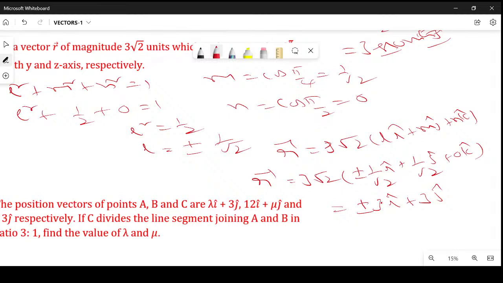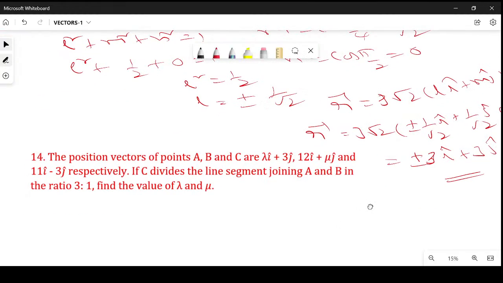We have two options, plus or minus 3 i cap plus 3 j cap. Plus or minus should be only for the first term. So this is r bar, which they were asking us to find. Simple one. I hope you understood this. Important one from the exemplar book.